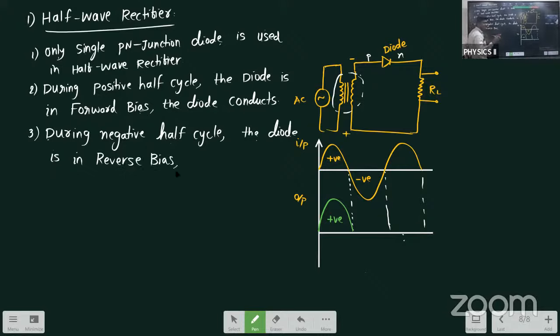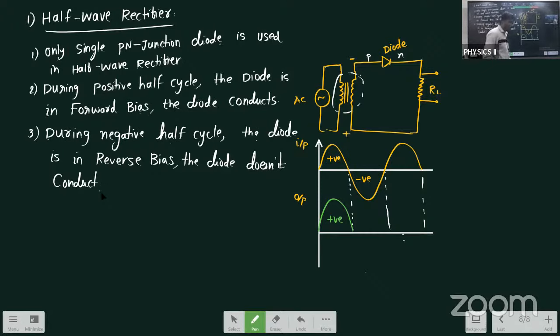Whether the diode will conduct or not? No, the diode does not conduct. I hope you understood till here, because finally we are supposed to write one point. By that we can finish this answer.